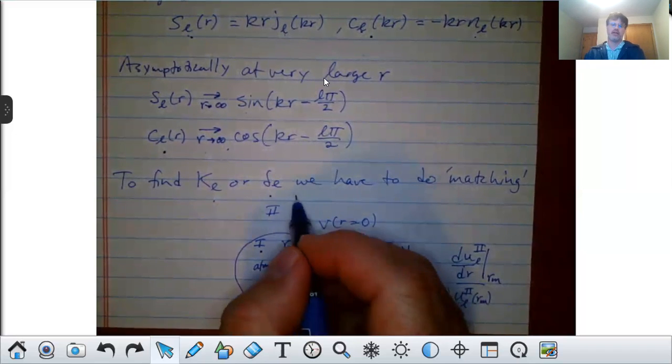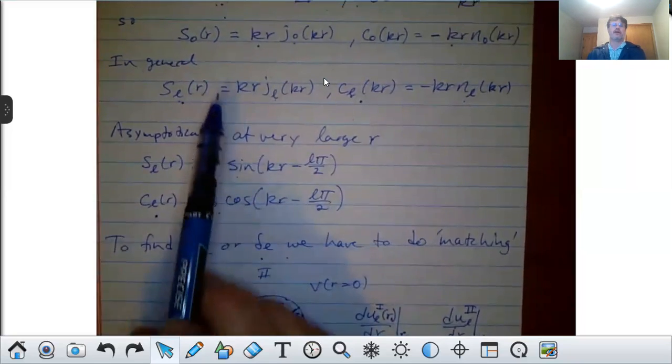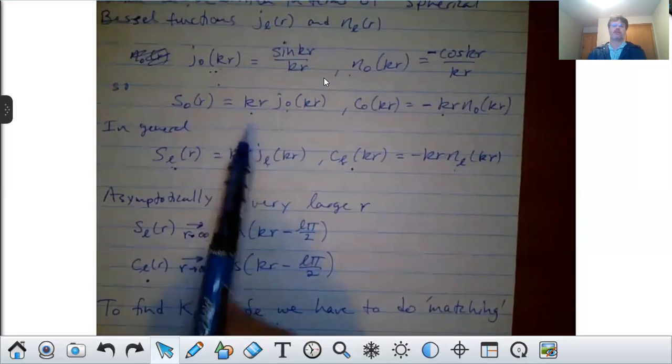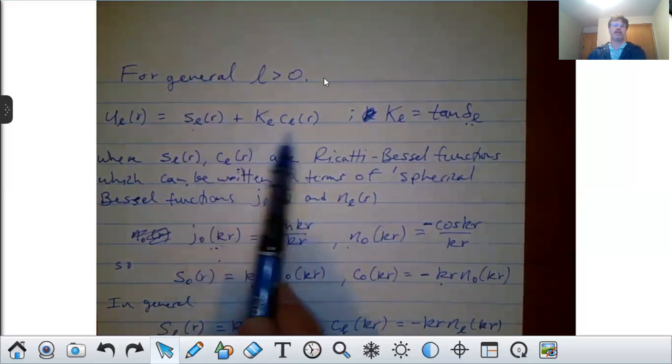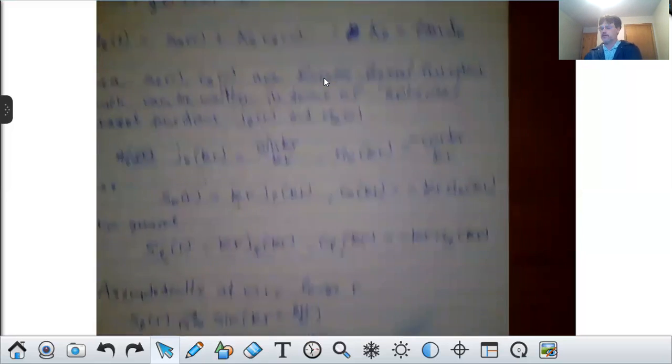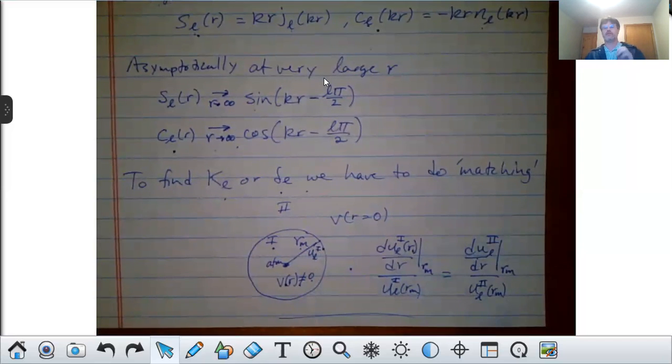Then outside in region 2, if the potential is 0, we know the solution. It's written as S_L plus K_L C_L. How do I determine K_L? Well, I do a matching of the derivative.